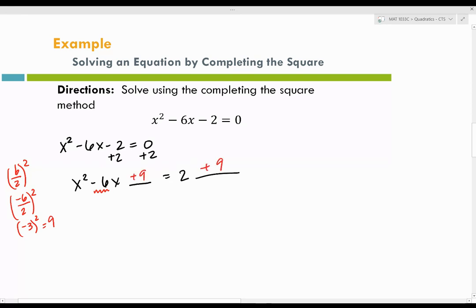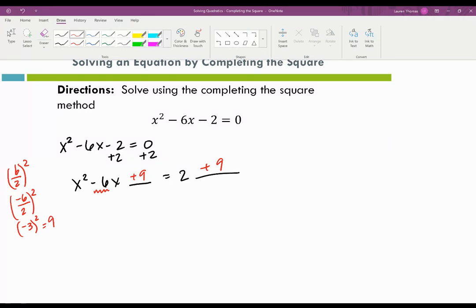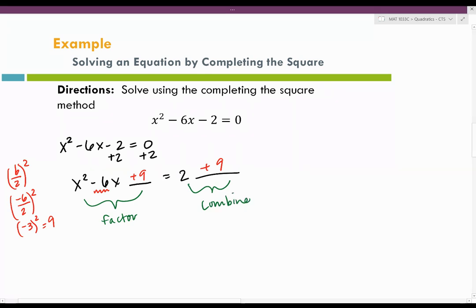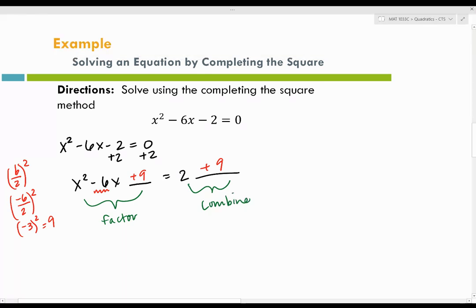Okay. Now, since we did that, remember the left-hand side, you should be able to factor it now. And the right-hand side, you should be able to combine. When we factor the left-hand side, our variable is going to go in the front, which is x.